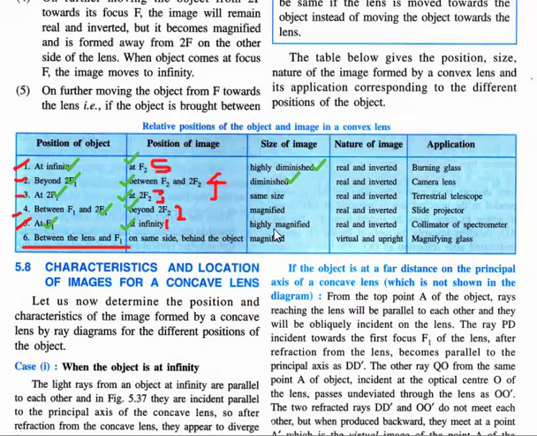At 2f2, it is the same size. Beyond 2f2 it's magnified, at infinity highly magnified. On the same side behind the object, it is magnified.